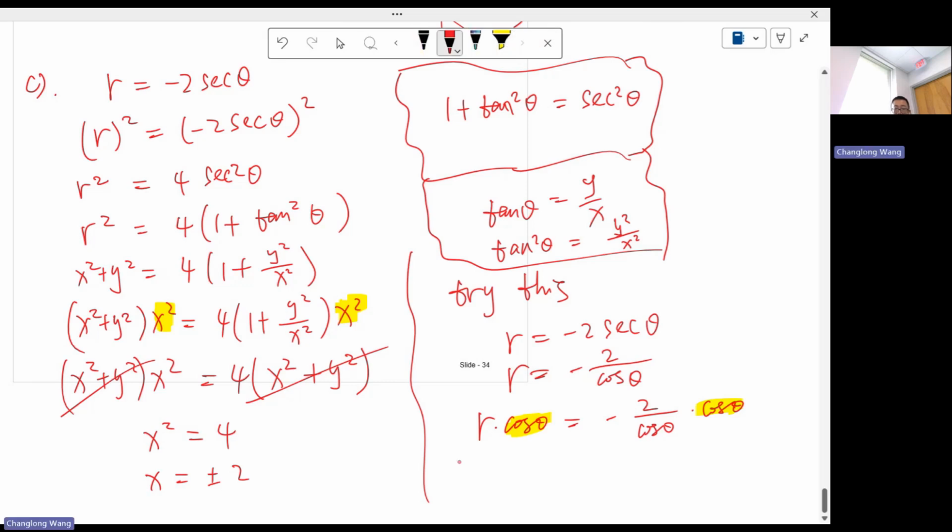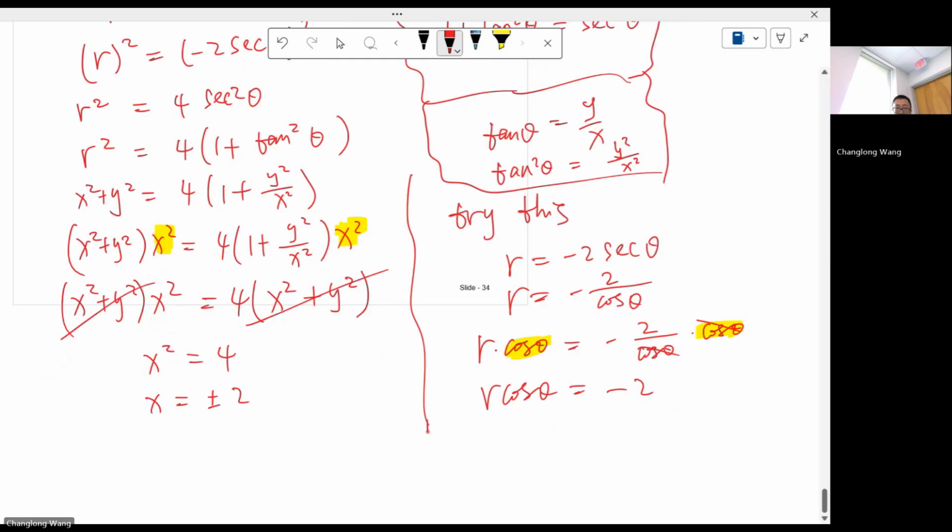What you get on the left-hand side is r cosine theta, right? The right-hand side, cosine cancels, left with -2. But what is r times cosine theta? Yes, x. So, oh yeah, Alex.